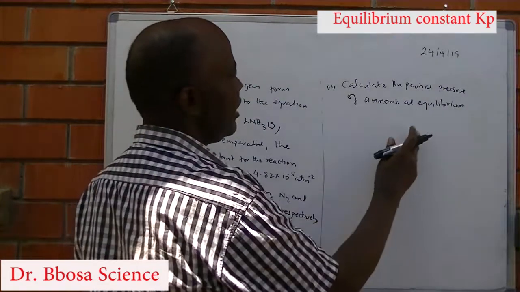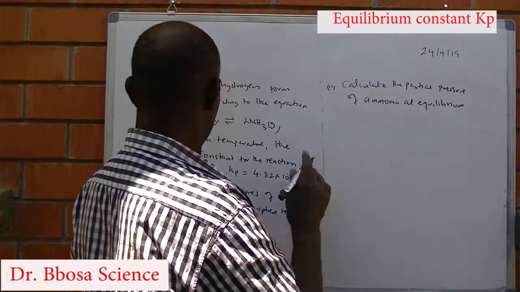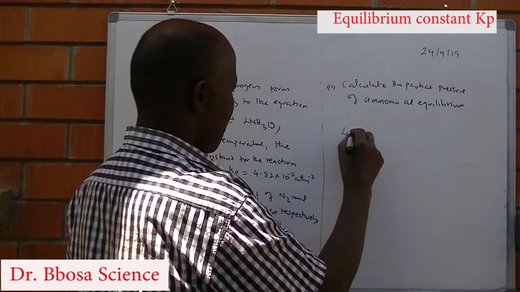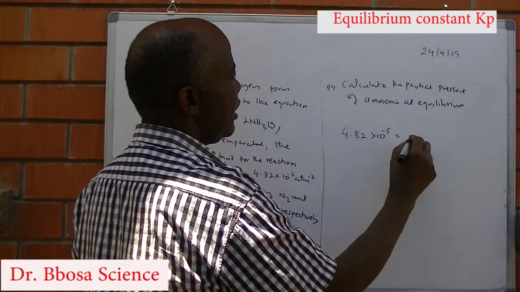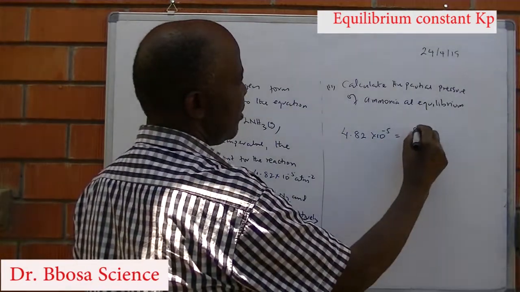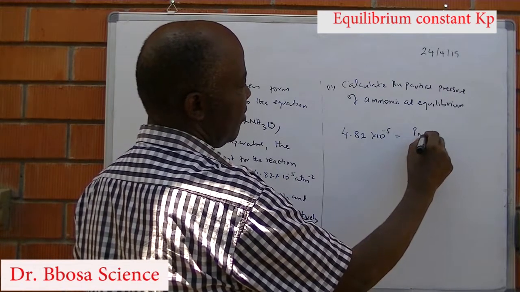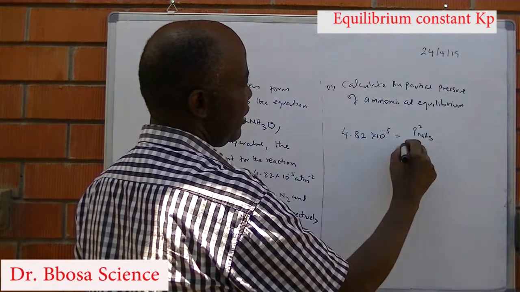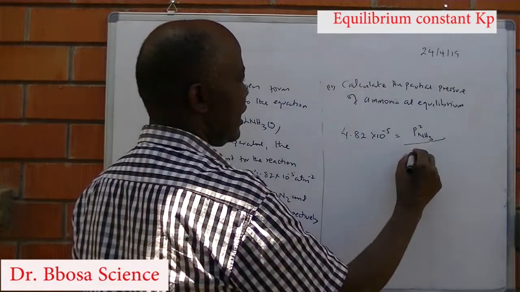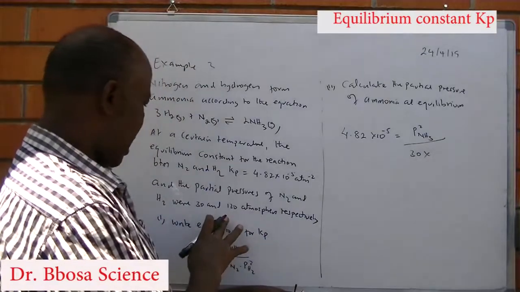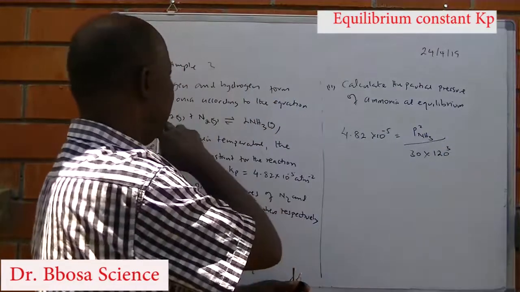Then calculate the partial pressure of ammonia at equilibrium. We say that Kp, which is equal to 4.82 times 10 to the power negative 5, is equal to partial pressure of ammonia squared over partial pressure of nitrogen, which is 30, times the partial pressure of hydrogen, which is 120 to the power 3.